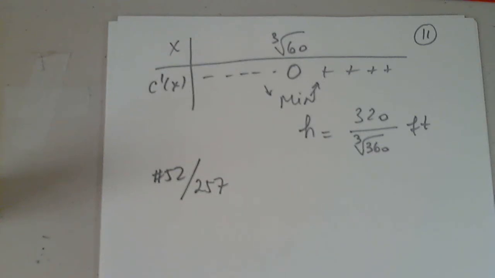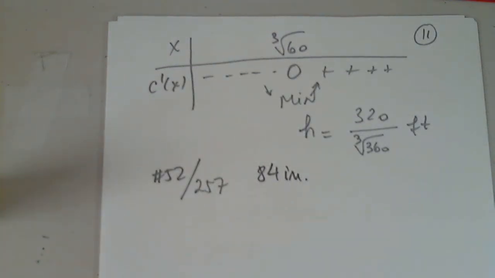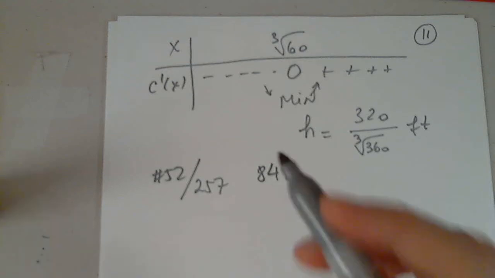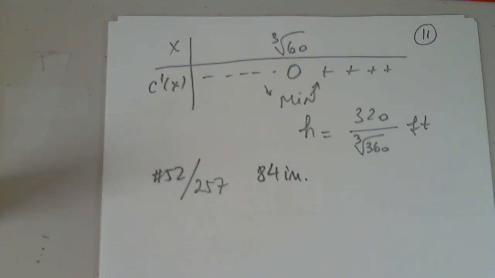The Postal Service places a limit of 84 inches on the combined length and girth, the distance around, of a package to be sent parcel post. What dimensions of a rectangular box with square cross section?